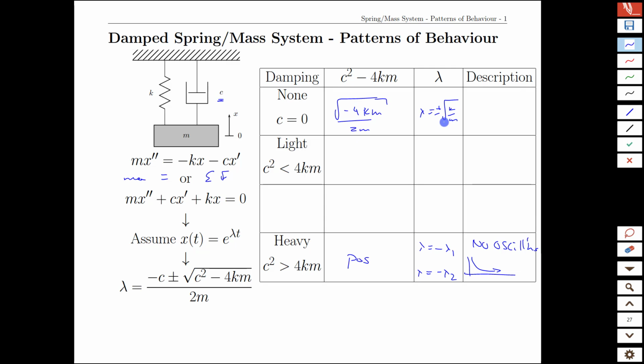We get plus or minus the square root of k over m, and that leads to, oh wait, one ingredient missing, times i. Because this negative sign is in the square root, the lambdas that we get are imaginary, and imaginary exponentials end up looking like cos and sine.